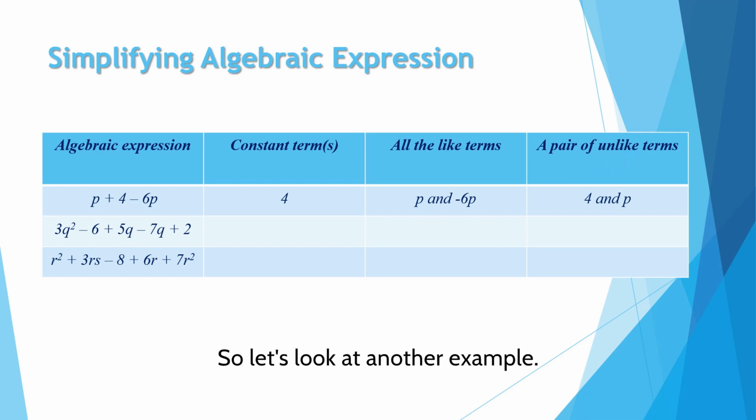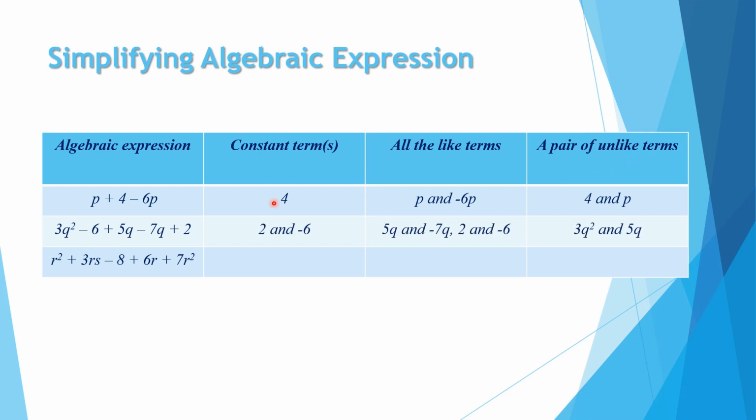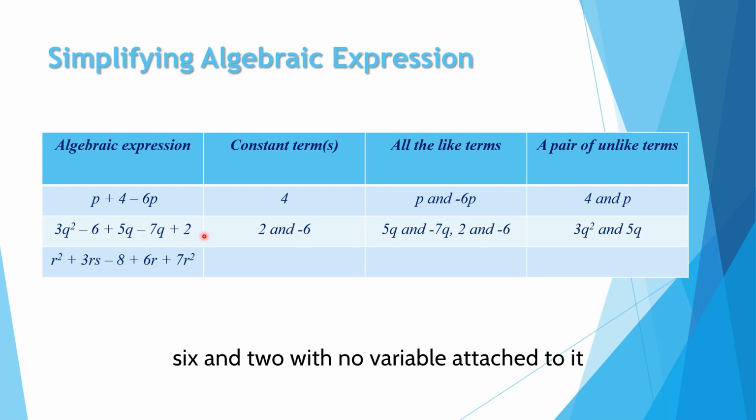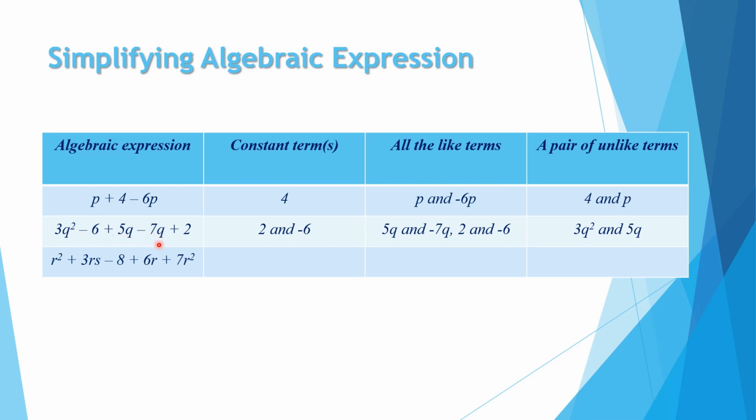So let's look at another example. For the second example, constant terms, of course, are -6 and 2, with no variable attached to them. And like terms with the same letter and same index can be 5q and -7q.